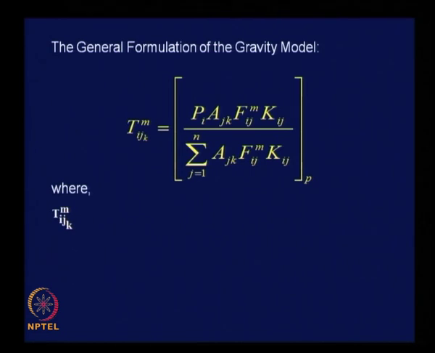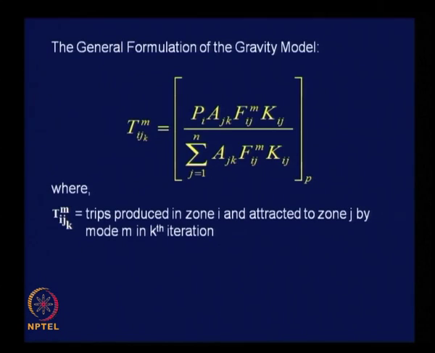T^m_ijk is this: trips produced in zone I and attracted to zone J by mode M in kth iteration.